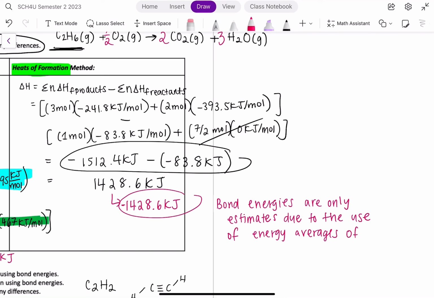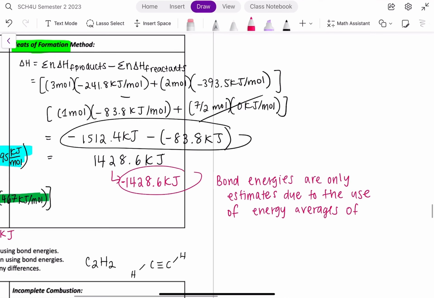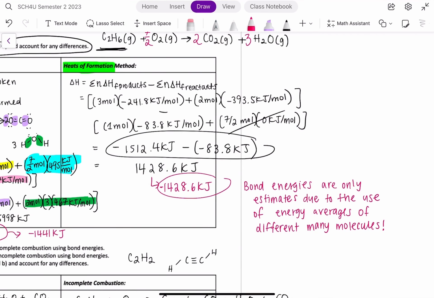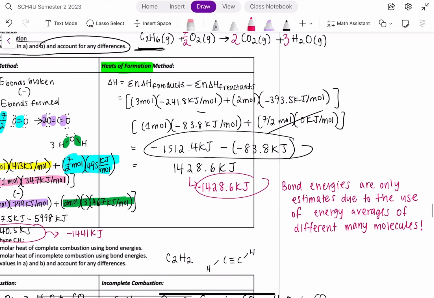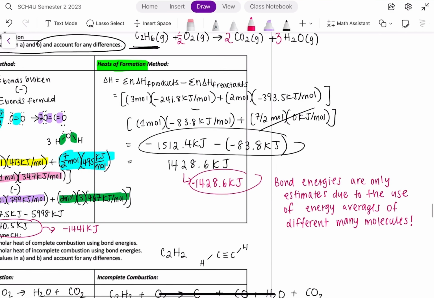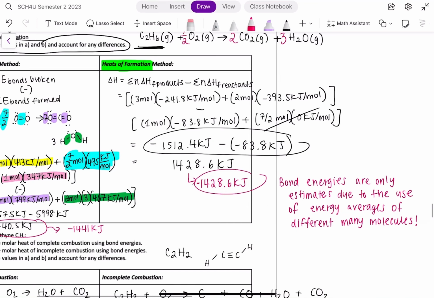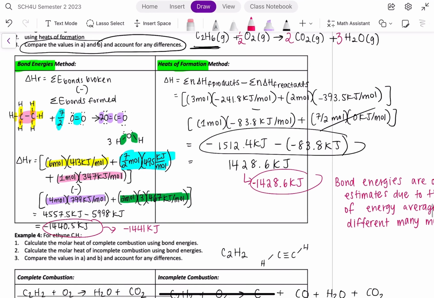These bond energies take into account many different kinds of molecules with these bonds. And so, again, they're only averages for your bonds. Okay, so that is why we have a difference in value between the two methods.